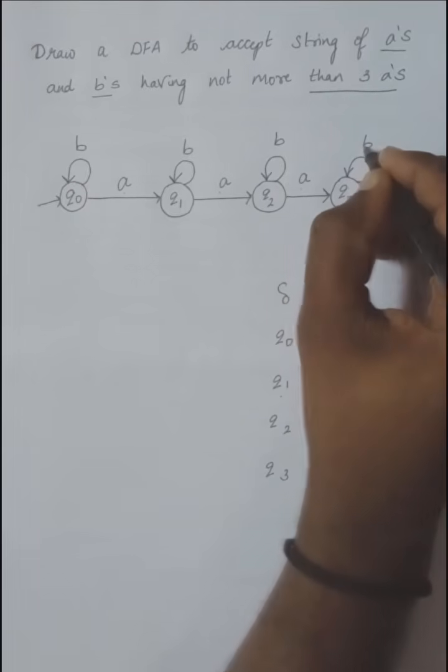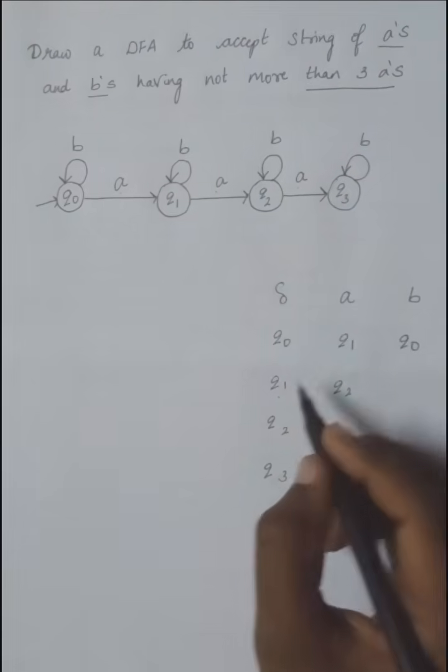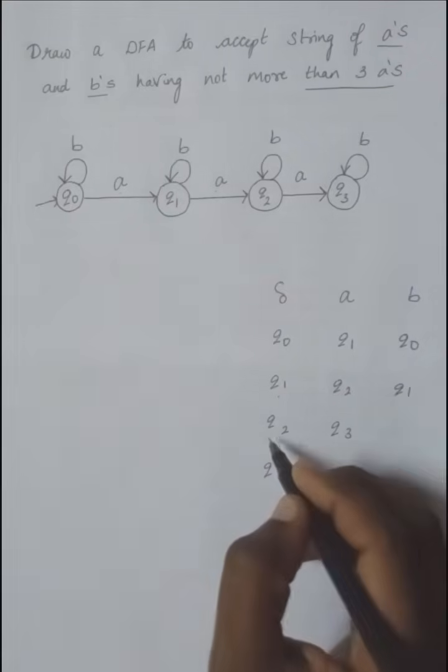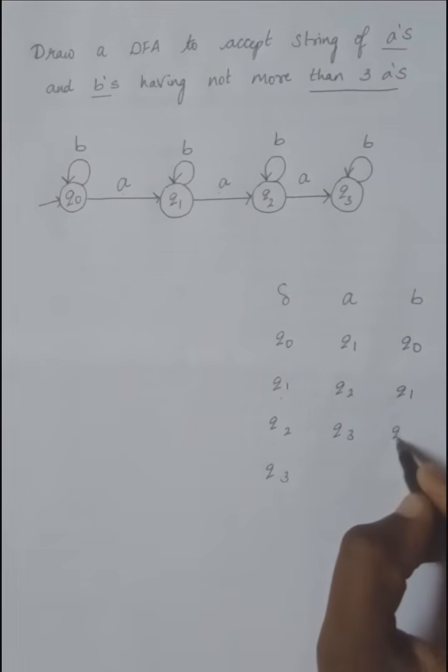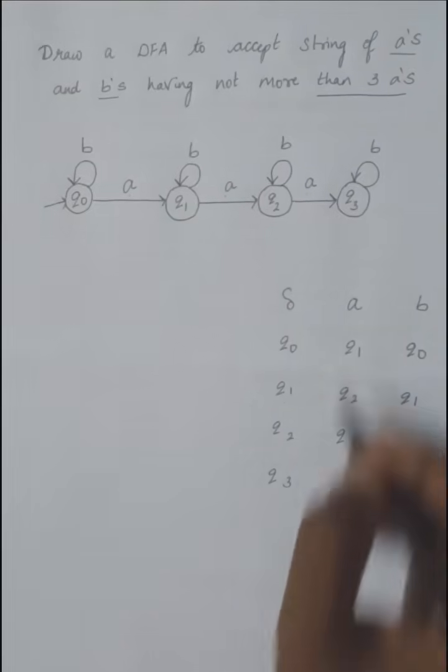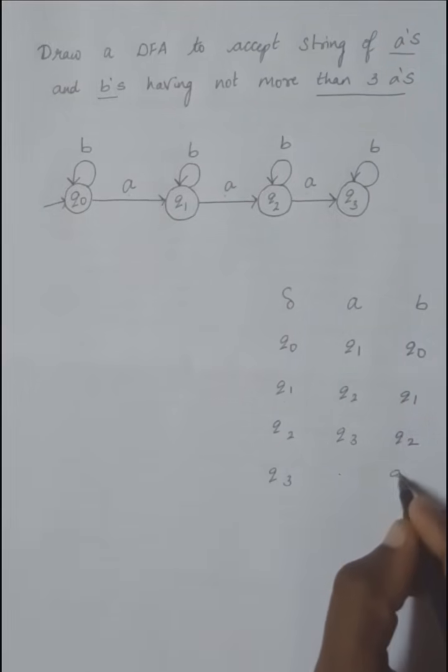There will be no problem. Now we plot into the table: Q1 on B goes to Q1 itself, Q2 on B goes to Q2 itself. Q3 on A is not yet defined. Q3 on B goes to Q3 itself.